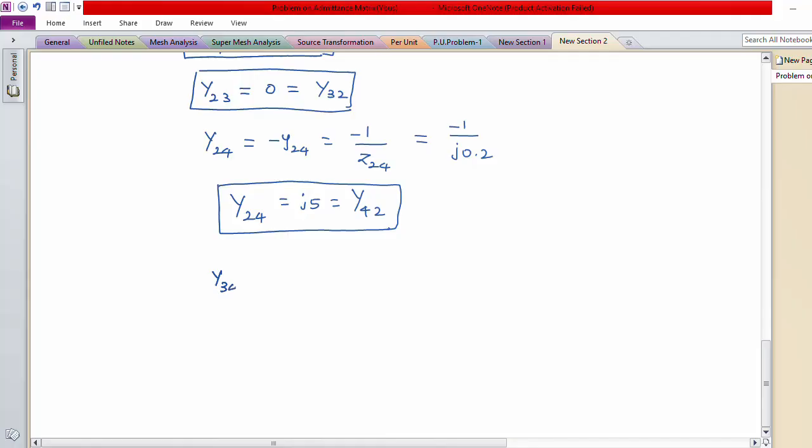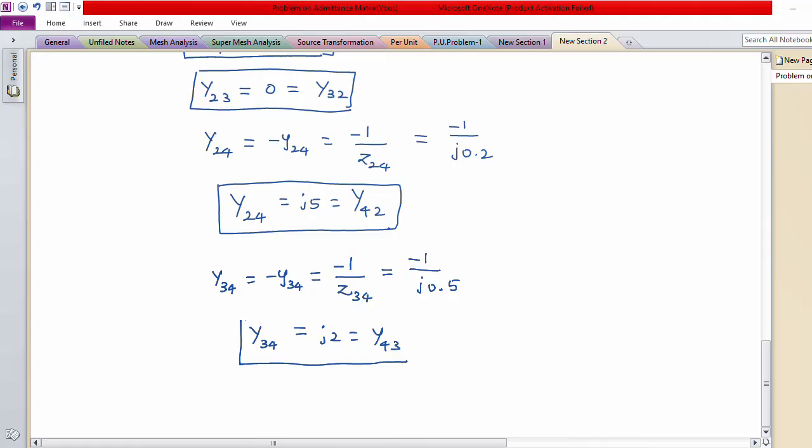Y34 is equal to minus small y34, that will be equal to minus 1 divided by Z34. The impedance value of the line 3 to 4 is j0.5. If you substitute that, 1 divided by j0.5, after simplification we will get Y34 equal to j2, that will be equal to Y43. Now we have determined all the off-diagonal elements.